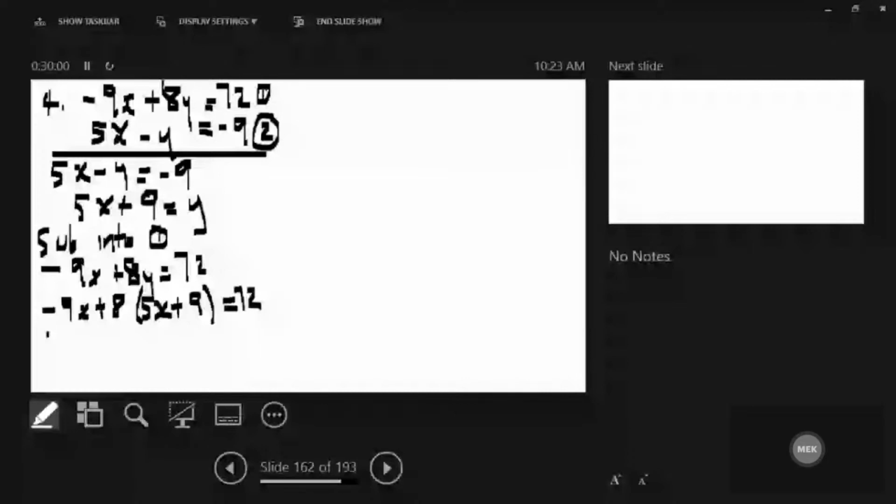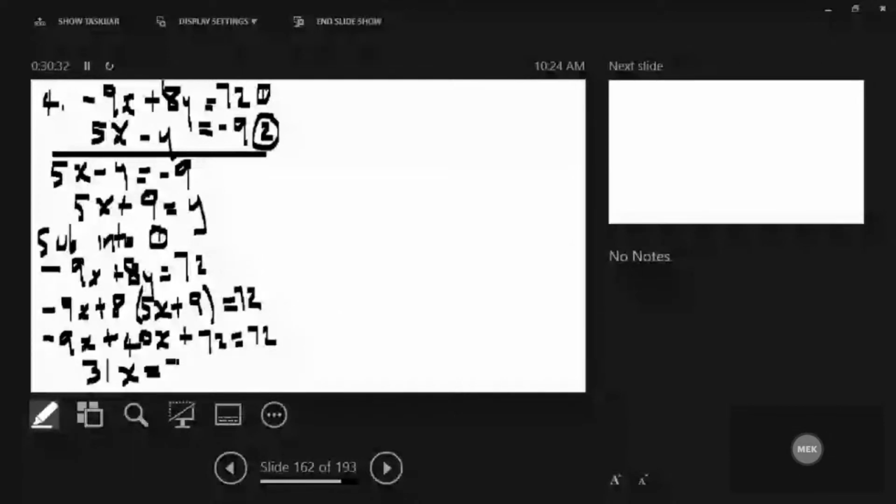So negative 9x, 8 times 5x is 40x. 8 times 9 is 72. Is equal to 72. Negative 9x plus 40x is 31x.